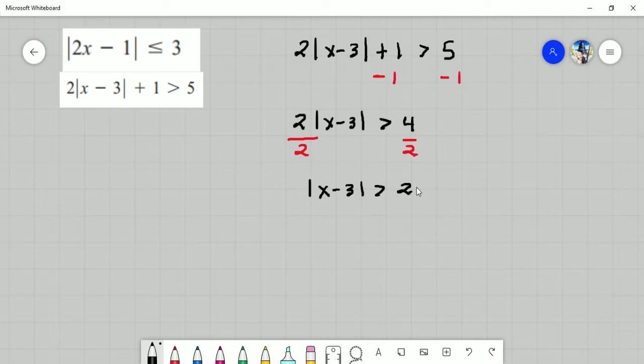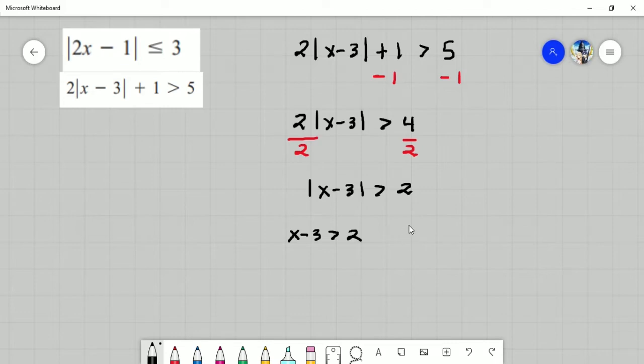In order to get rid of the absolute value bars here, we're doing the same thing: we break it up into the 2 different ones, the positive and the negative. It's just that we won't have it written as one line. It'll be 2 separate inequalities. The first one is the inequality that we have already, just without the absolute value bars: x minus 3 greater than 2.